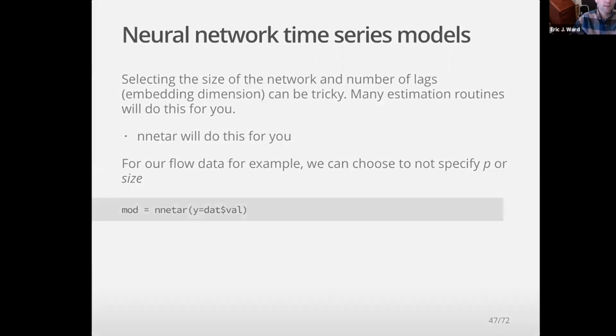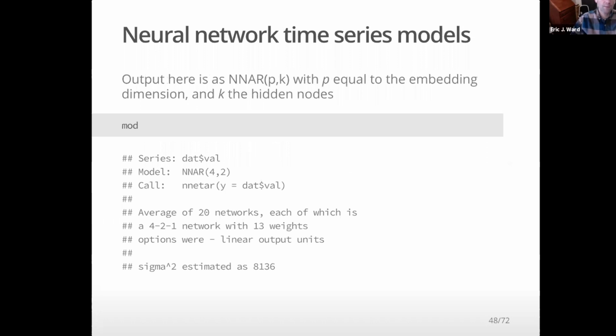So in this case, we pass that in, and we get an object out of this form, where P again represents the size of the embedding dimension and K represents the number of nodes. In my sensitivity analysis, I looked at neural networks that had lags or embedding dimensions of 1, 5, and 15.